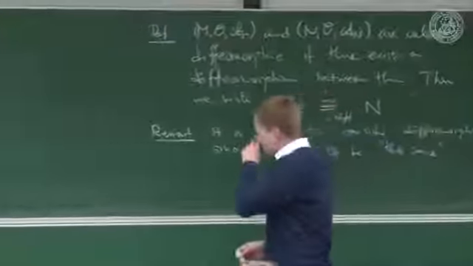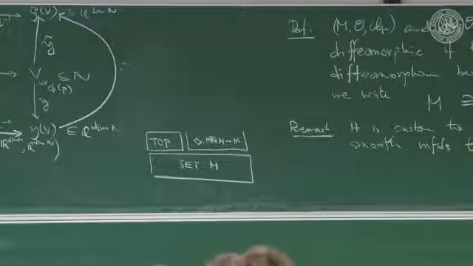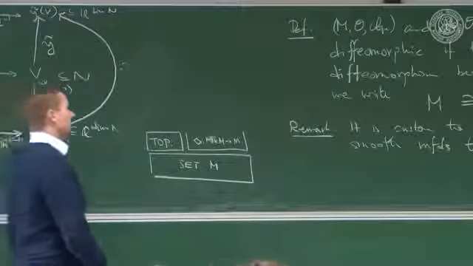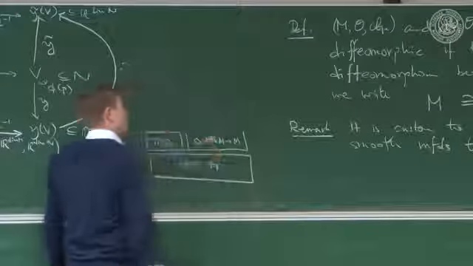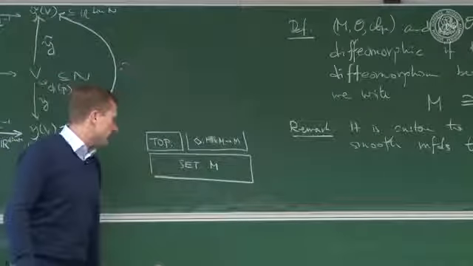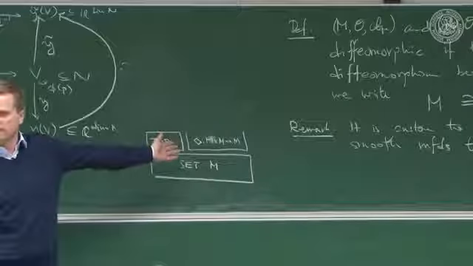But instead of equipping it with a topology, I could also equip it with some blob or some diamond, which is a map from M×M to M. And if this diamond satisfies certain properties like associativity, the existence of a neutral element in M, and the existence of inverse elements, then I call this a group.